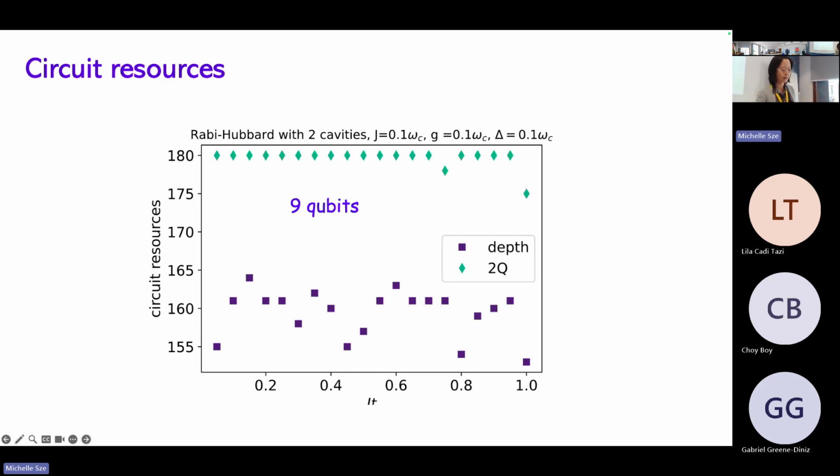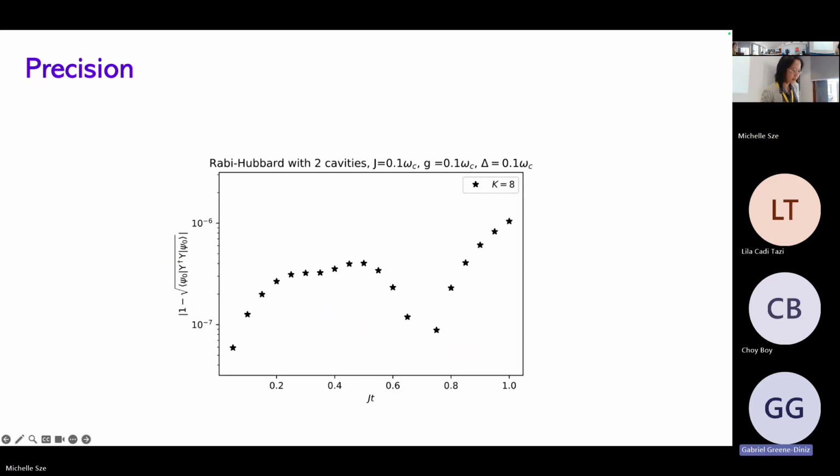Sorry, I'm digressing a bit from what you're asking, but for example, as you can see here, by setting k equals 8, or the Taylor truncation order to 8, across different times, we're getting this error, which is not constant.